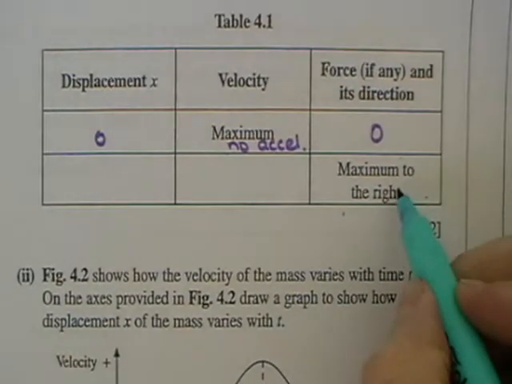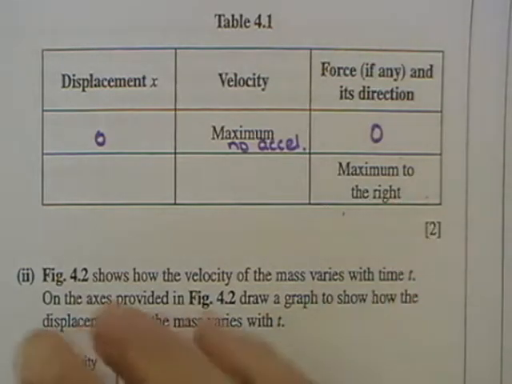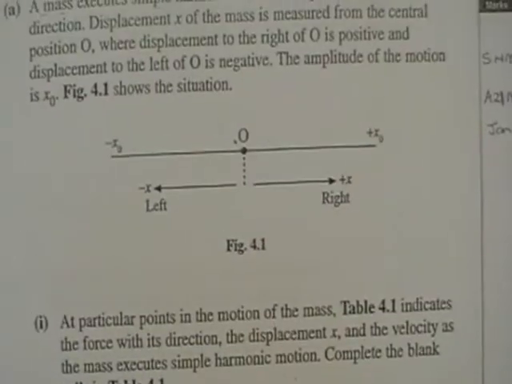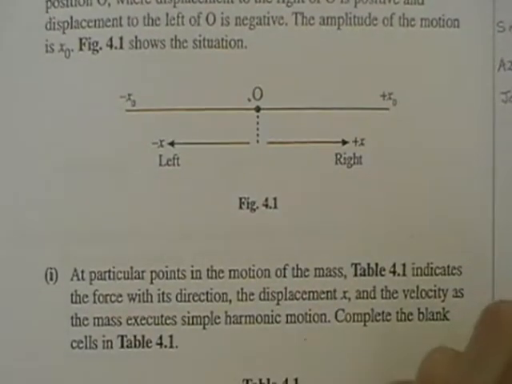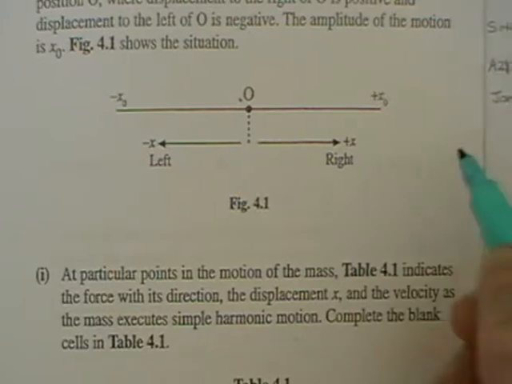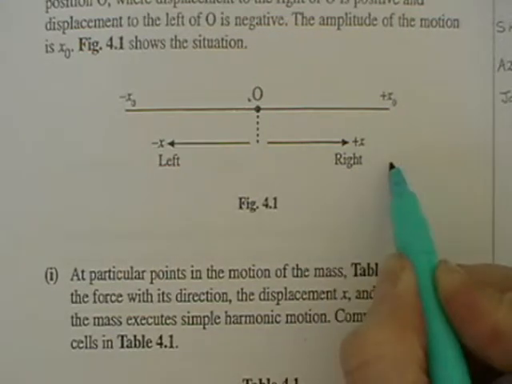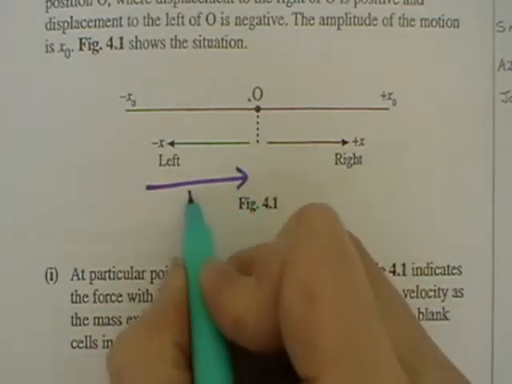However, if the force is maximum and it's pointing to the right, the force and acceleration are always in the same direction. They're always directed towards a fixed point at the centre. So if they're pointed to the right, the force can't be in this direction because it isn't pointing towards the centre, and therefore that's the direction of the force.